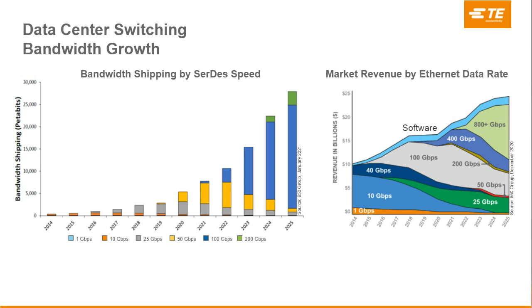And that's why TE tries to attack this problem from the customer's perspective, really from a system approach. For instance, as speeds get faster, often the distance that you can go decreases. And ultimately, we try to develop at TE new architectures and new ways of interconnecting things that take away those reach restrictions.